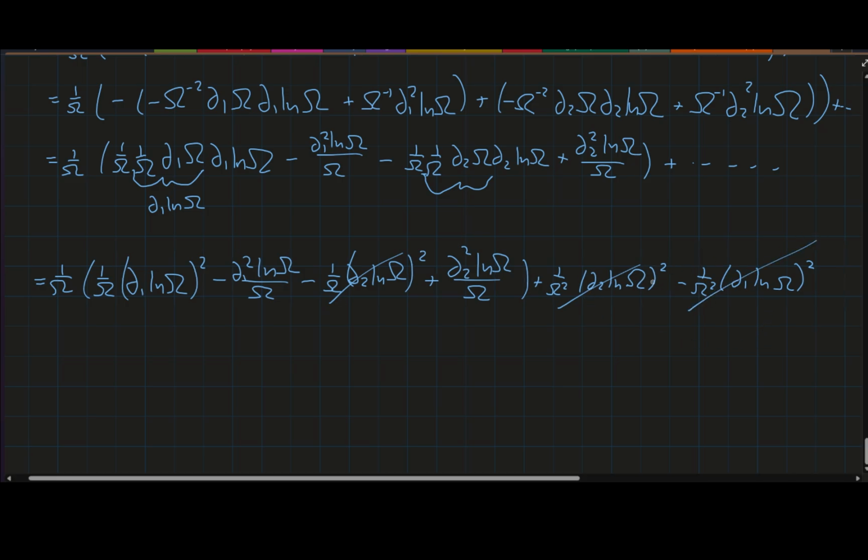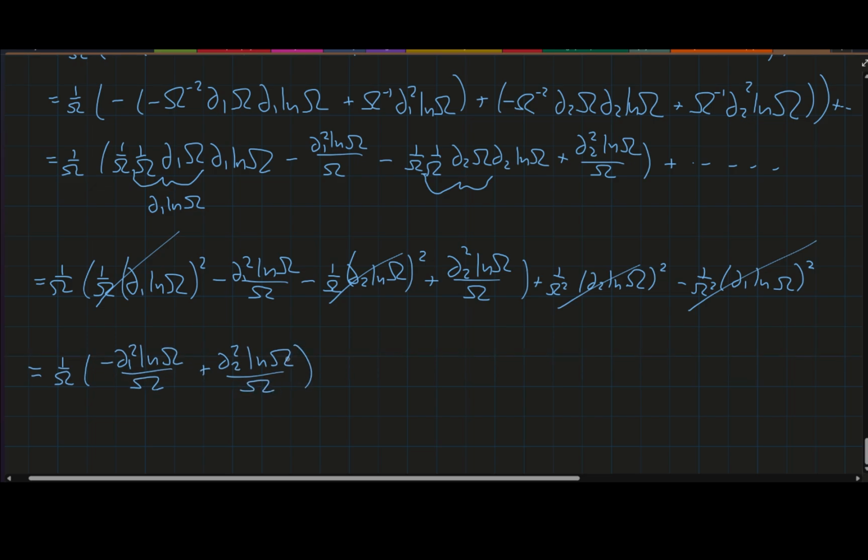Similarly, this is going to cancel with this, and we're left simply with minus del 1 squared ln omega over omega plus del 2 squared ln omega over omega.